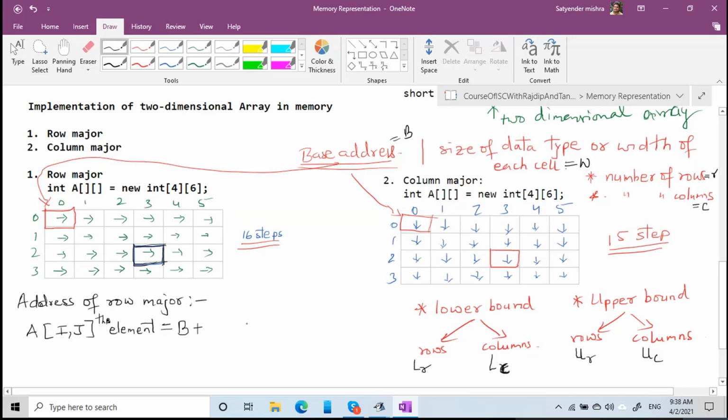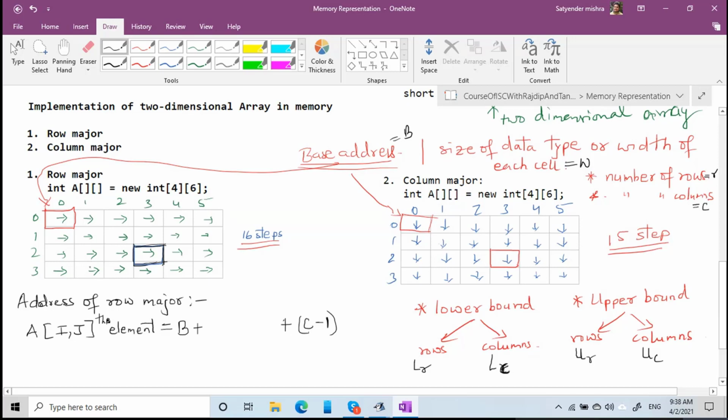The number of columns is C, and starting from 0, so I have to put here C - 1. So this is the number of columns, right?